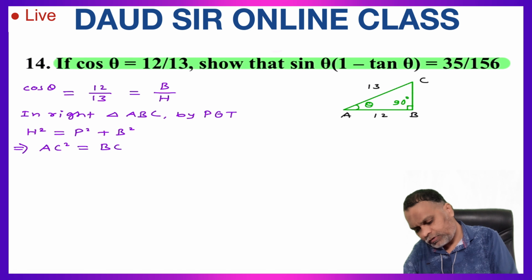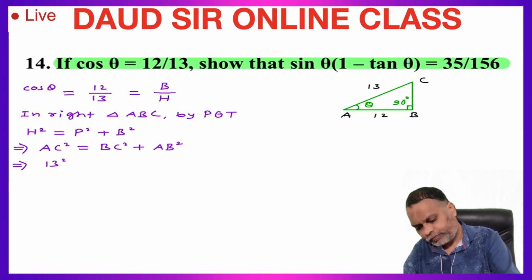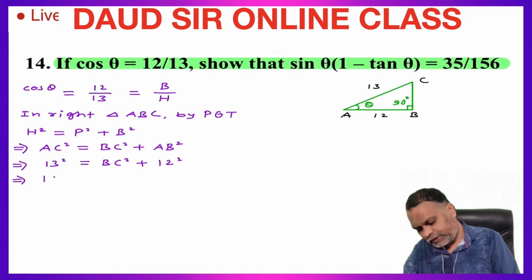Perpendicular is BC, so BC square, and base is AB, so AB square. AC is equal to 13, so 13 square is equal to BC square as it is, and AB is 12, so 12 square, which implies 169 is equal to BC square plus 144.